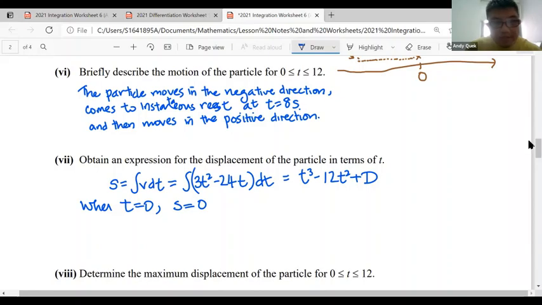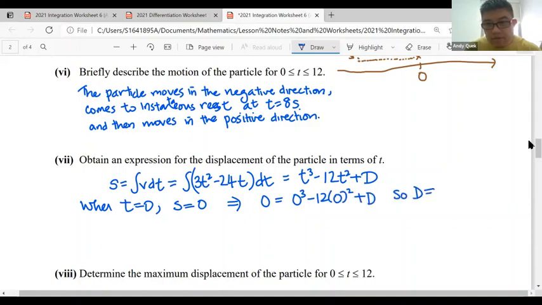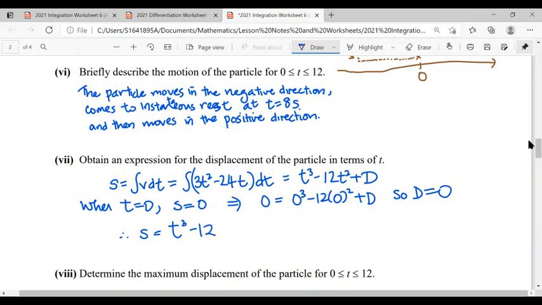So when t0 is equal to 0, so it actually means this. D equals 0. This is our complete description of displacement.